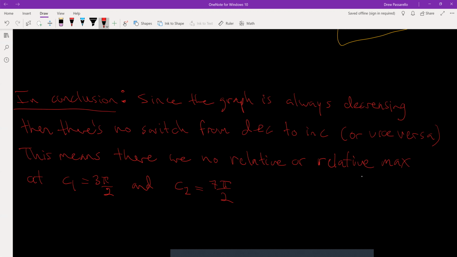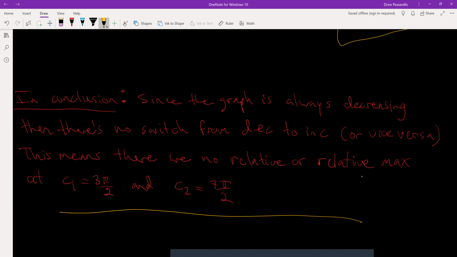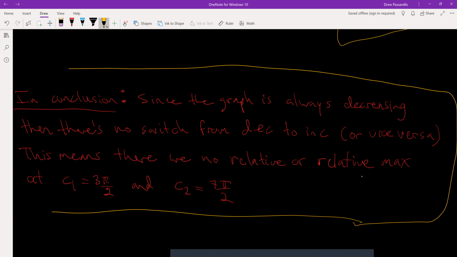All right, so that's the answer. There's no relative min or max because we applied the first derivative test as our last resort. And from the first derivative test, we were able to see that the graph is always decreasing.